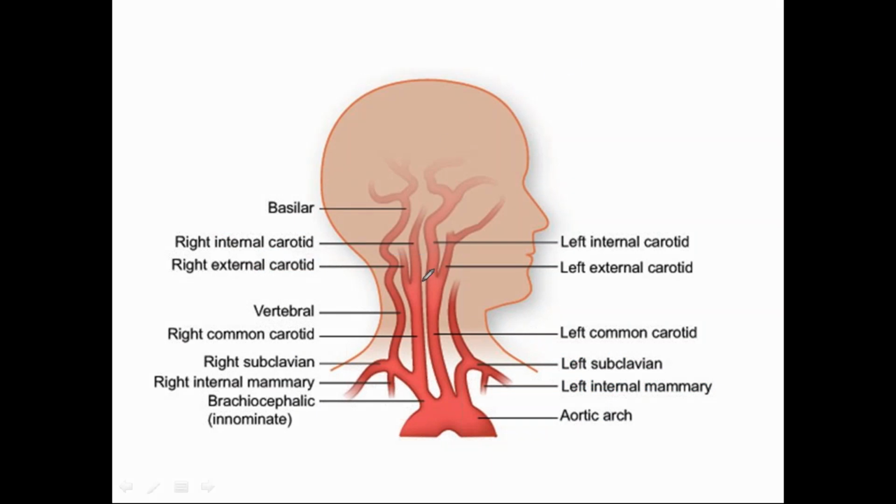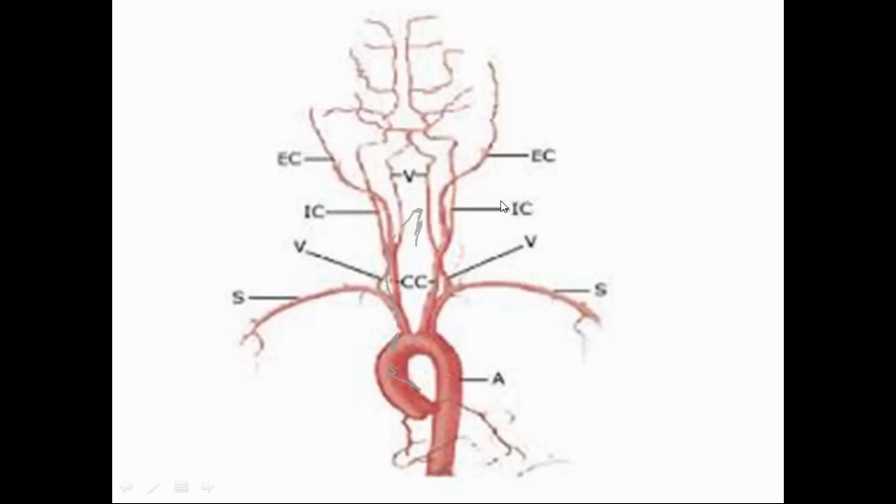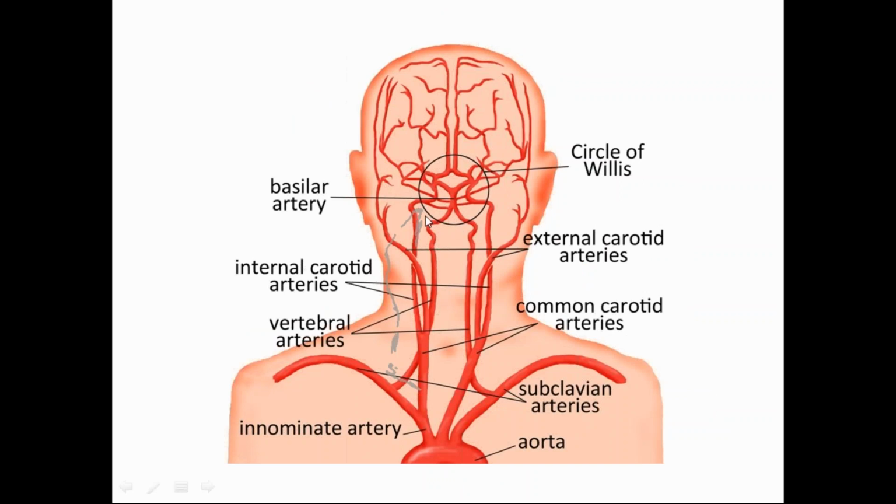Here we have the circle of Willis. This is the subclavian artery, and one of the first branches of the subclavian artery is the vertebral artery. The vertebral artery is going to go all the way up, and it is going to join with the internal carotid artery. Here, they are going to form the circle of Willis.